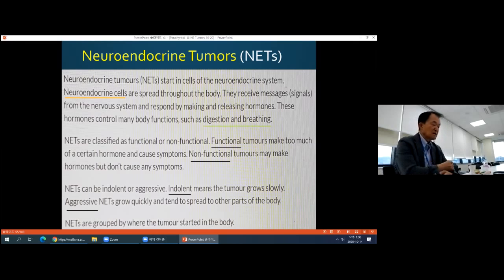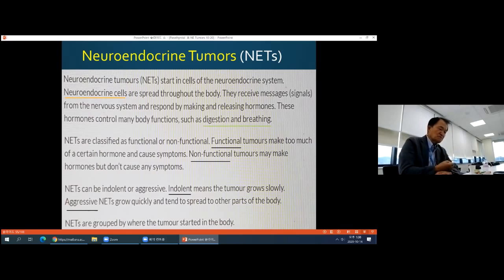Generally, neuroendocrine tumors are slow-growing tumors. Some tumors are slowly growing, but at some point they grow very fast. Almost all neuroendocrine tumors are small cell type, so from the beginning they infiltrate all body systems.